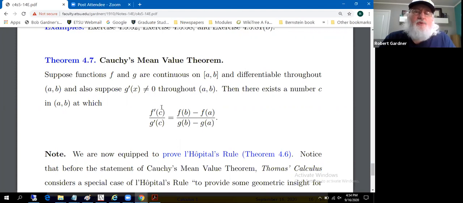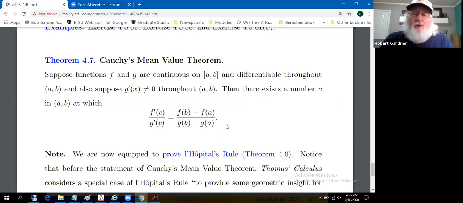Said the instantaneous rate of change equals the average rate of change. All right. If we were to apply the mean value theorem to f and to g, I think we get some cancellation on the b minus a's, and that would produce this. So in light of the regular old mean value theorem, this isn't that outrageous a claim.